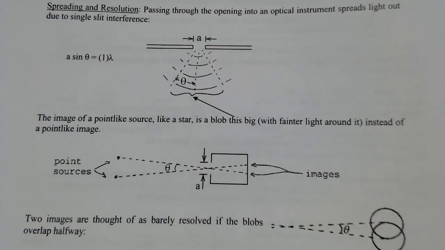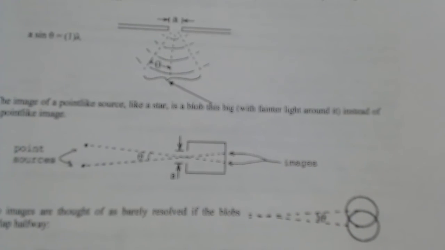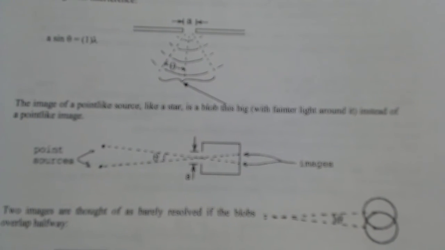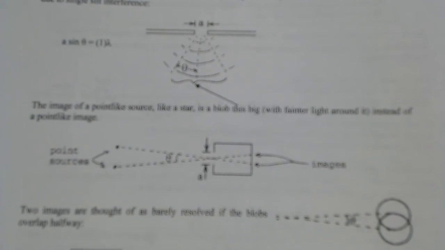I mean, once in a while you come across something like a cat's eye. But if instead of a rectangular opening you've got a circular one, it's pretty much the same discussion, except it introduces a factor of 1.22, which is a little further down the page, where we'll get to it in a moment. But it's a minor variation on the same story.